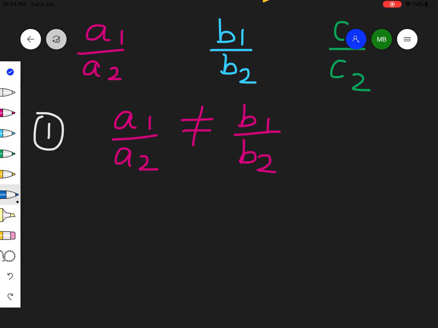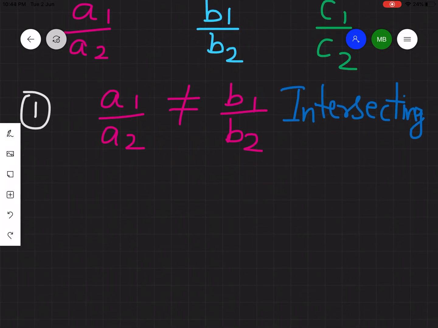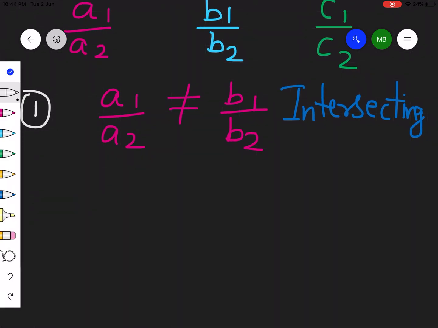So the first two ratios are not equal. That means the graphical representation will be intersecting lines. That's the first possibility. Intersecting lines means they intersect at a right angle or at any other angle.